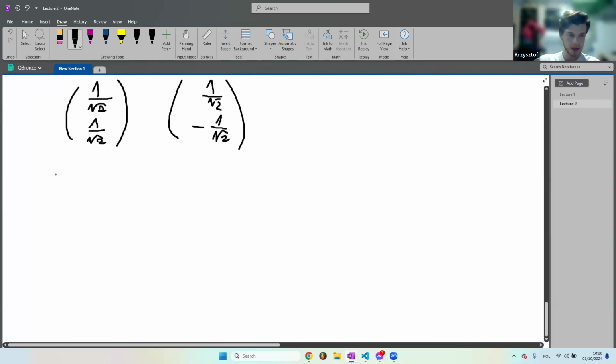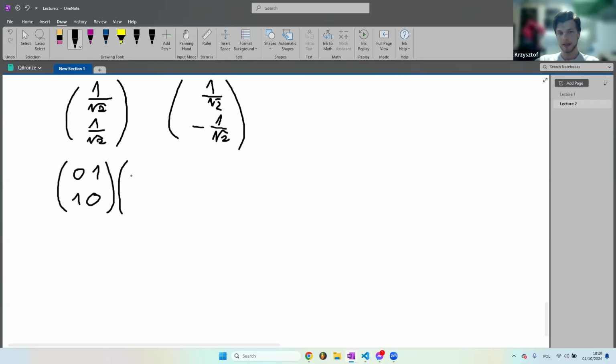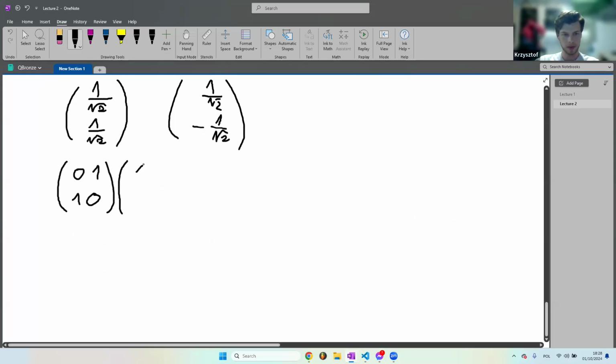But okay, let's go on and review how this X gate operates on different bits, so how it reacts to our 1 and 0. This is vector 0, and it gets transformed to 0, 1, as we talked about yesterday.